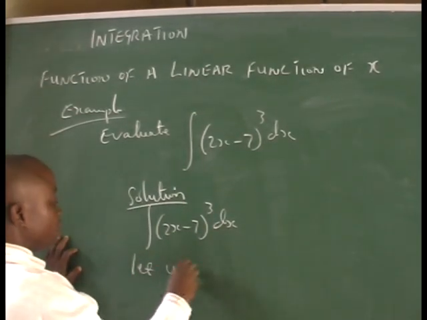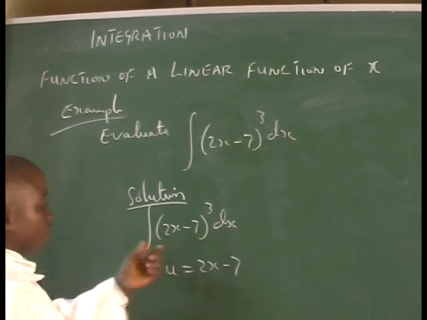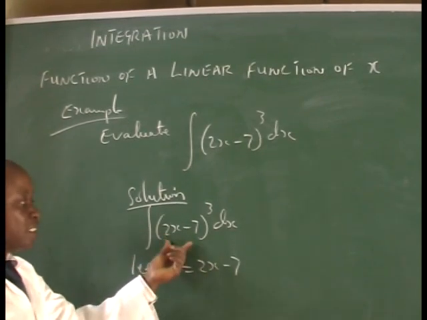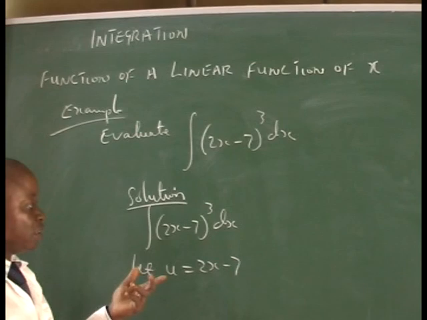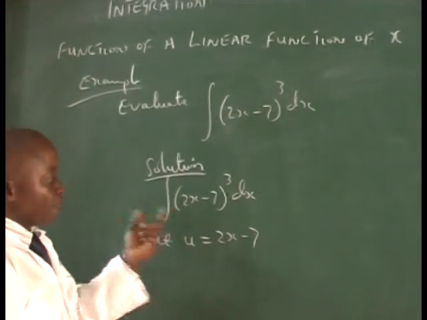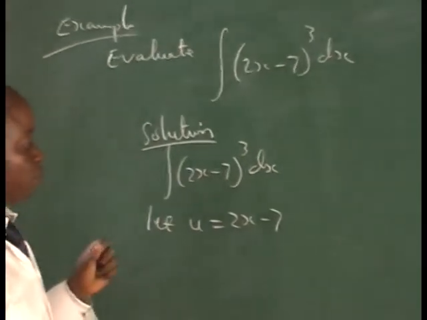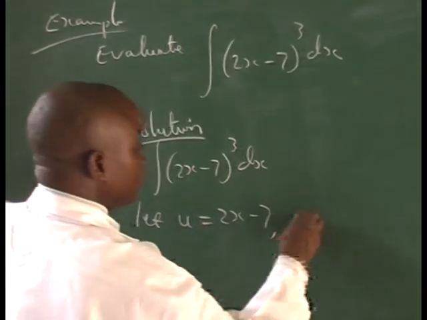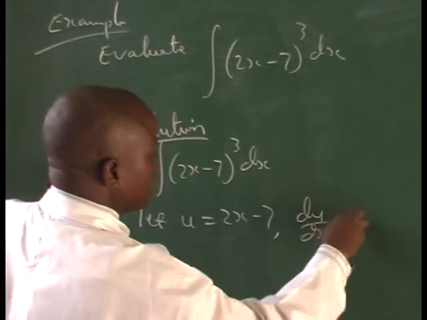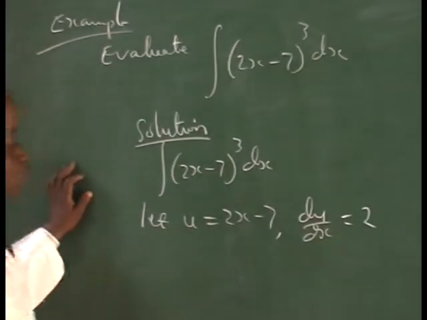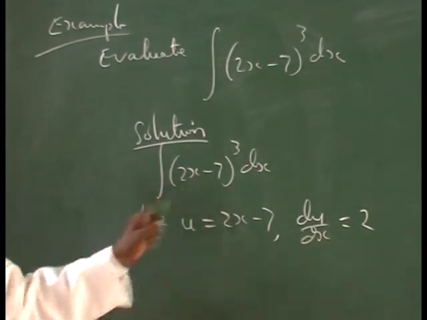We will let u be equal to 2x minus 7. You see, this is like a function of a function in differentiation. Now, du over dx will be 2. If you differentiate here, you have 2.